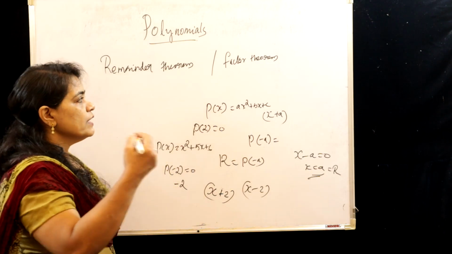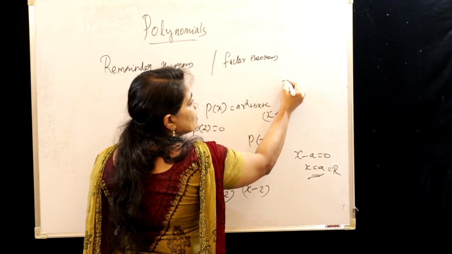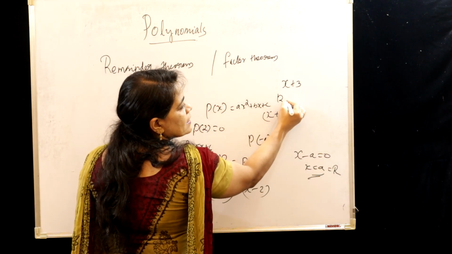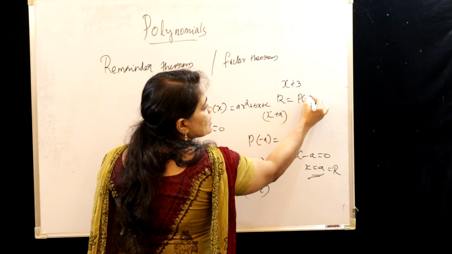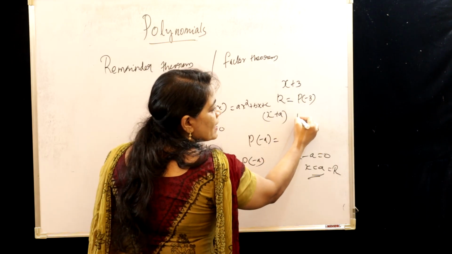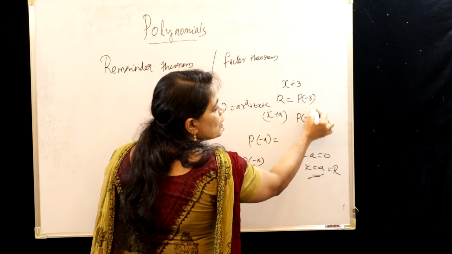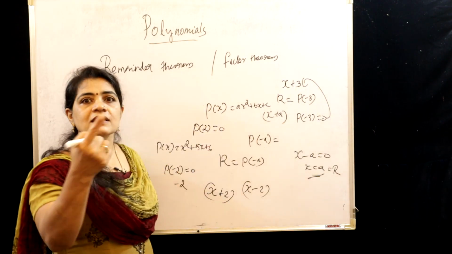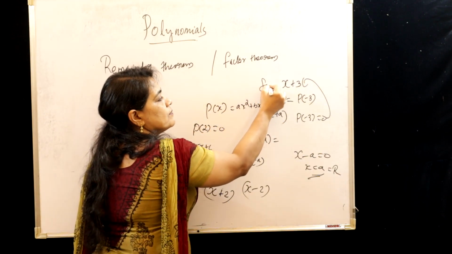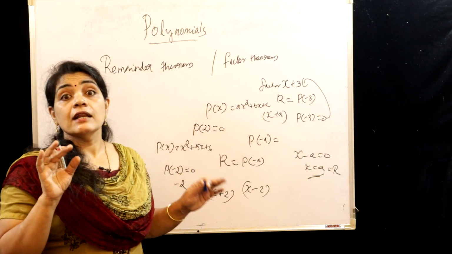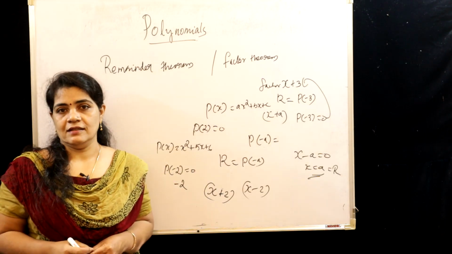Is it clear, children? If you are dividing a polynomial by x plus 3, the remainder equals p of minus 3. If p of minus 3 equals 0, you can say that x plus 3 is a factor. This is all about the remainder theorem and the factor theorem.